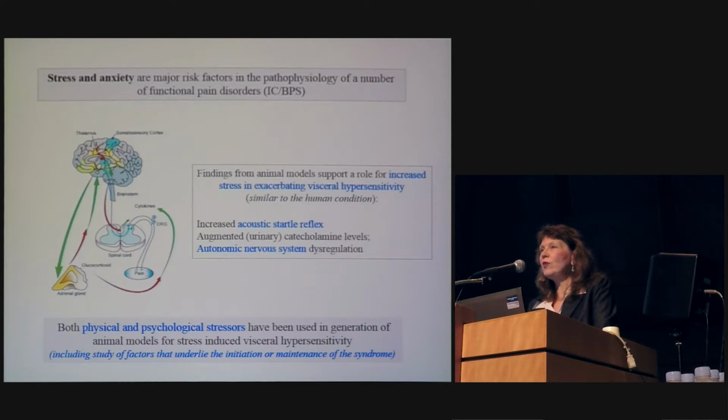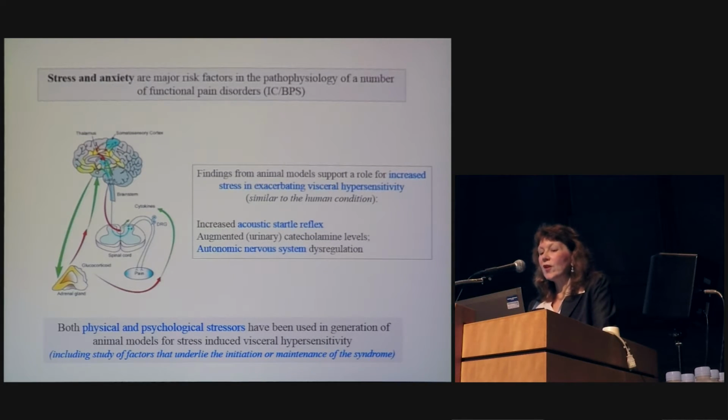So what's been described in both animal models as well as in patients, there's an increase in something called the acoustic startle response. There's augmented urinary catecholamine levels, and there's an increase or change in the autonomic nervous system dysregulation. And this is just a snapshot of those factors that have changed.